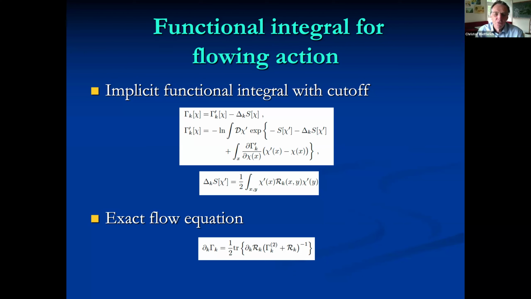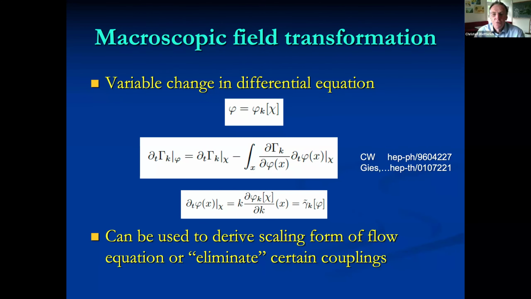As you all know well, you can derive from this functional integral the usual exact flow equation. Now, if you use a macroscopic field transformation, this is only a variable change. This is very simple. You do not keep the macroscopic field chi fixed, but a composite field phi that may depend on k and on chi is kept fixed. Then you just have to transform the flow at fixed chi to the flow at fixed phi, and that gives you an additional term.